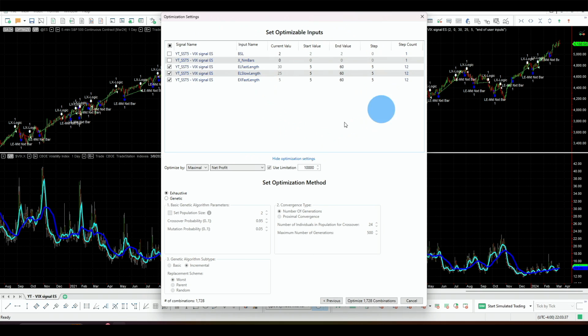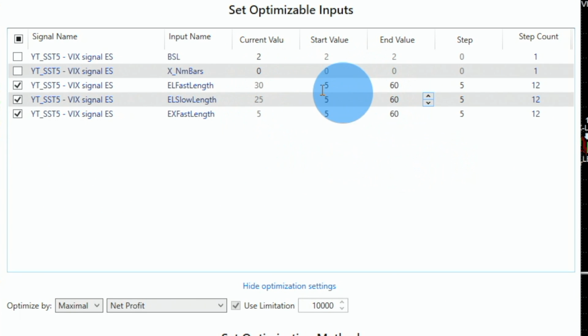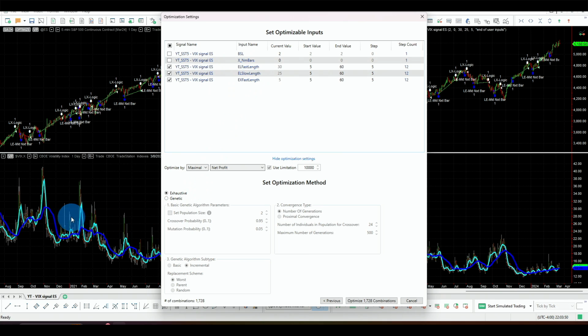So now I can optimize again. Now I'm optimizing this moving average on the VIX index, but I am trading the S&P 500. So these moving averages are on data 2. And again, the slow moving average of the exit is 3 times the fast moving average of the exit.